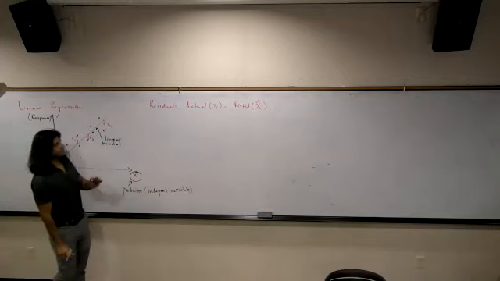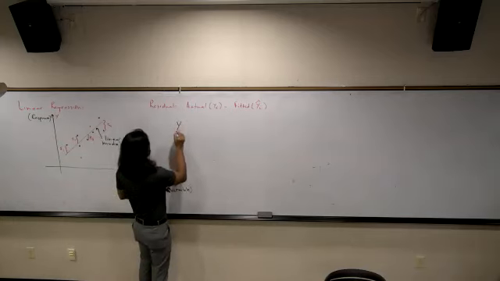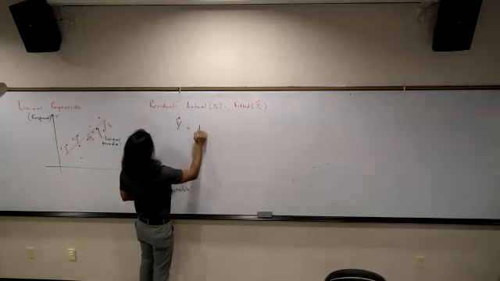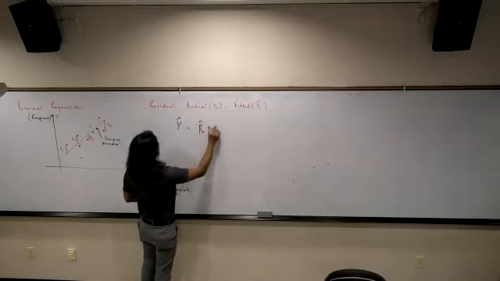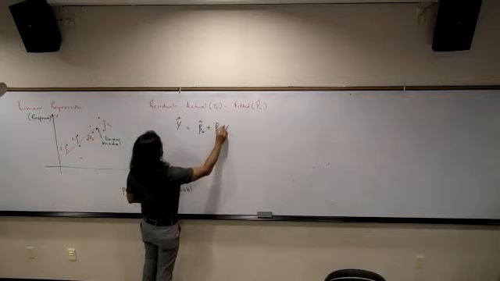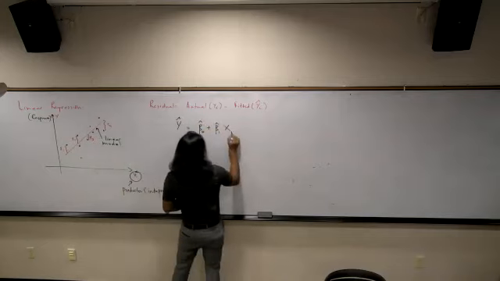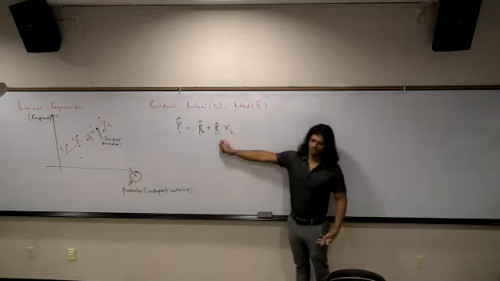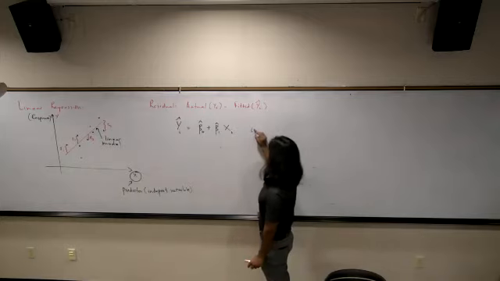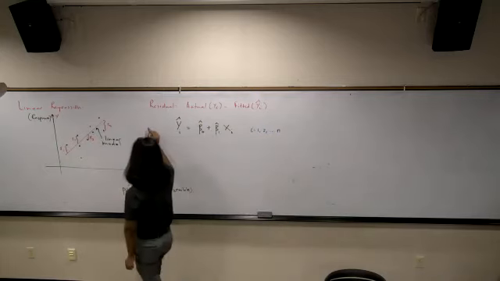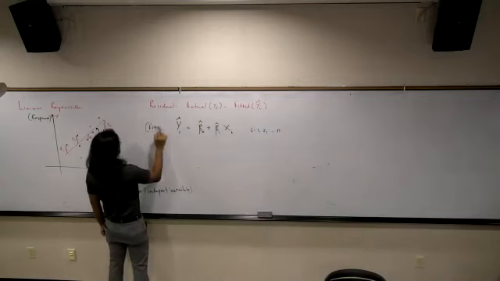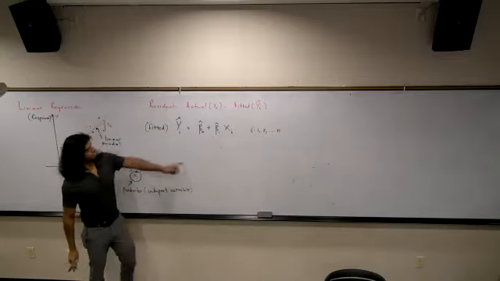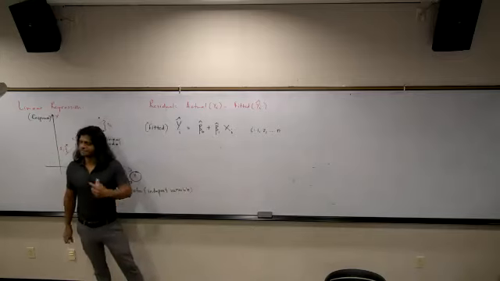So the model, for i equals 1 to n observations, that is the fitted model. Those are fitted values.